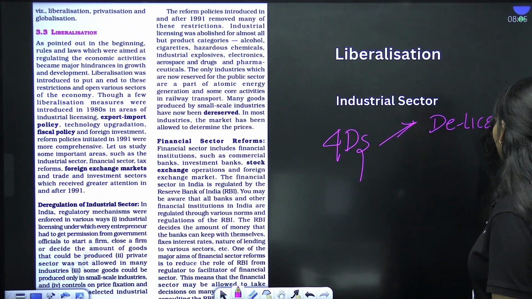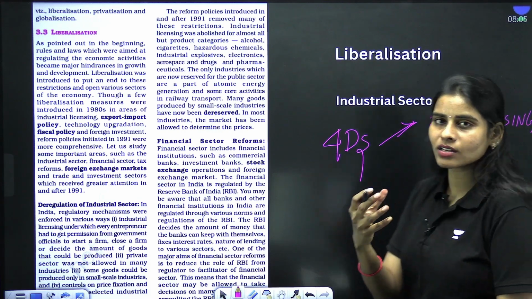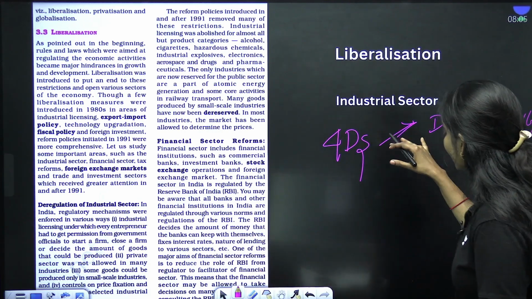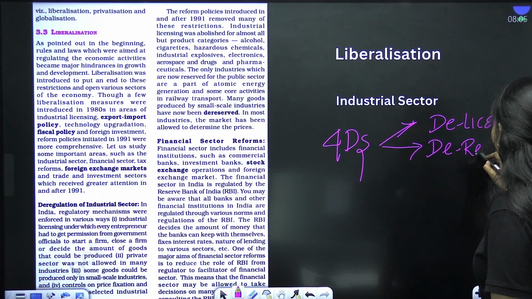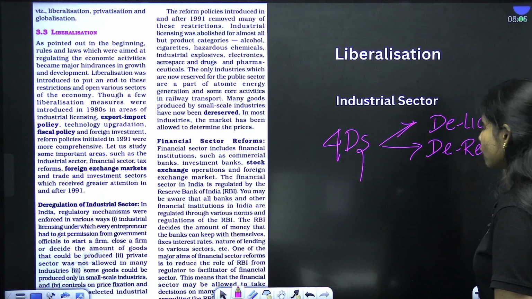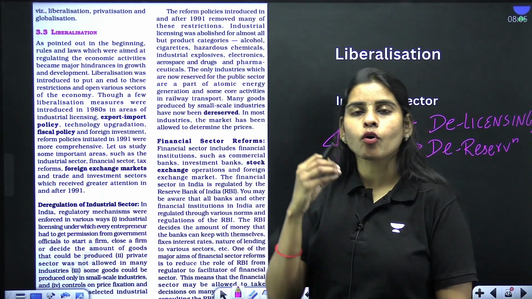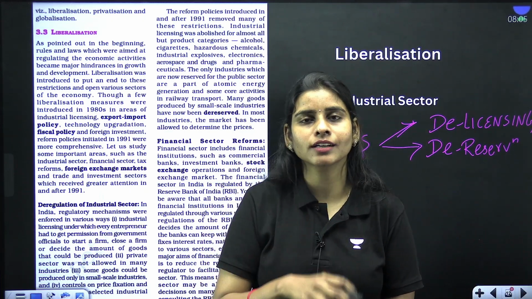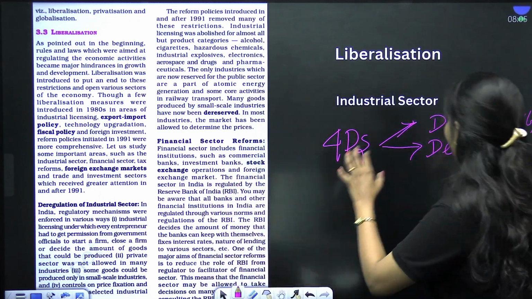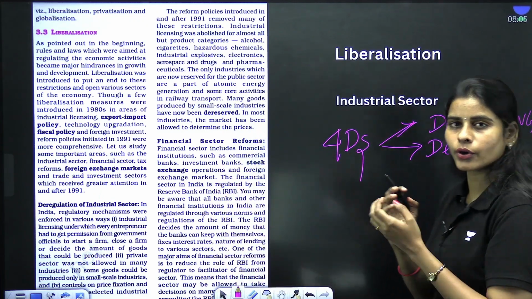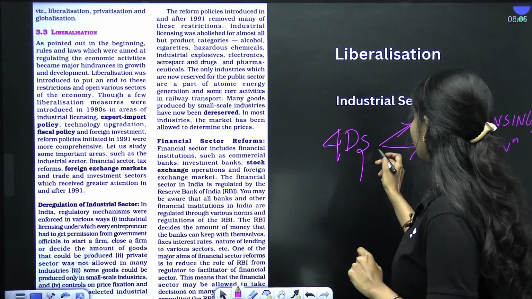As I told you, this licensing was a major hindrance for the growth of private sector industries, right? So we went for de-licensing and then de-reservation. In addition to licensing, the government also reserved some of the industries exclusively to be operated by the small scale industries, right? And that is again something removed as part of the liberalization mechanisms.